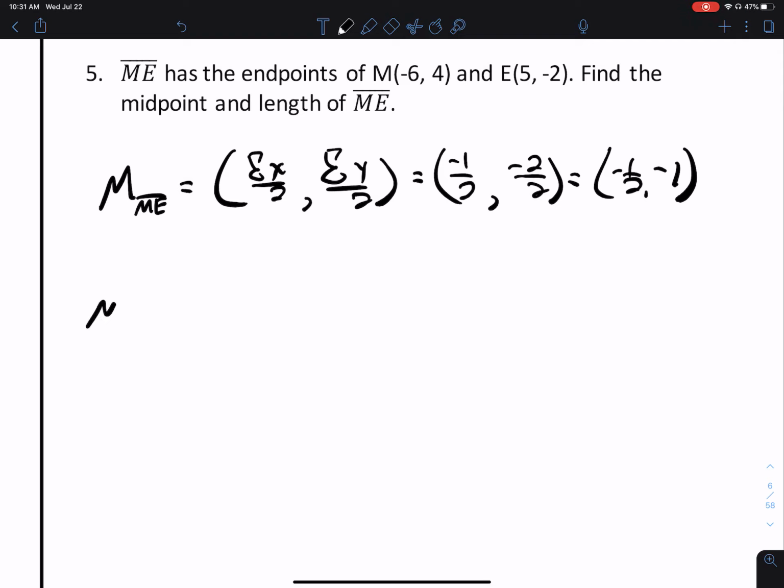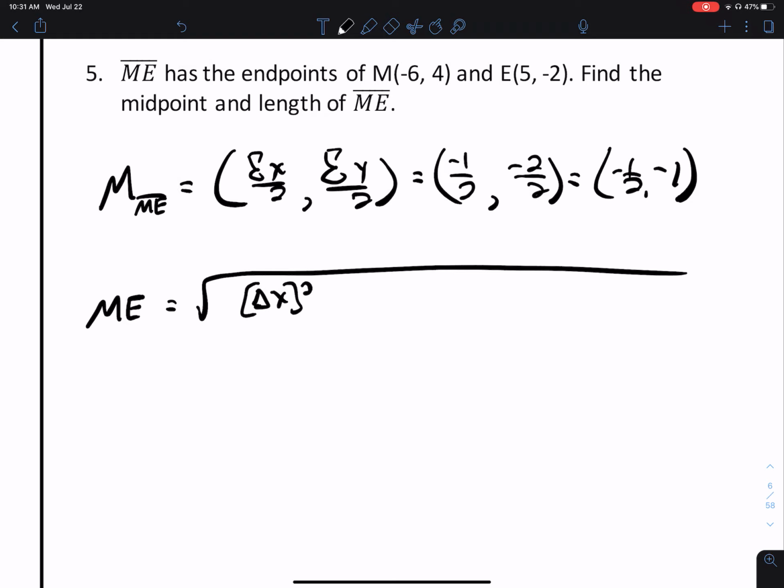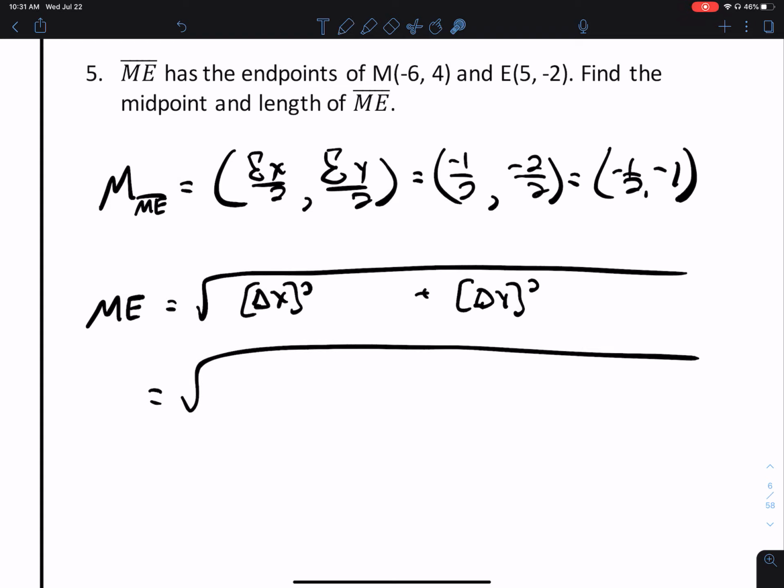Let's find the length of ME. You can use the distance formula. Difference of the x values squared plus the difference of the y values squared. Our x values go negative 6 minus 5. Our y values go 4 minus a negative 2.